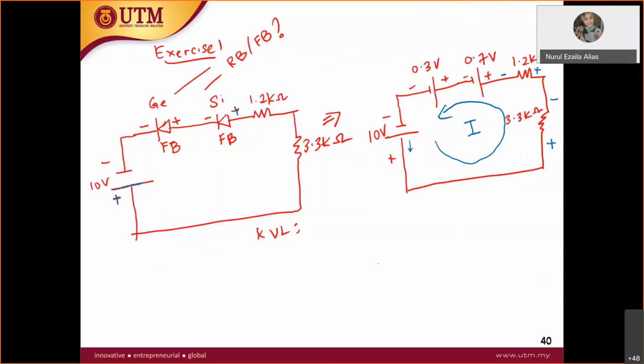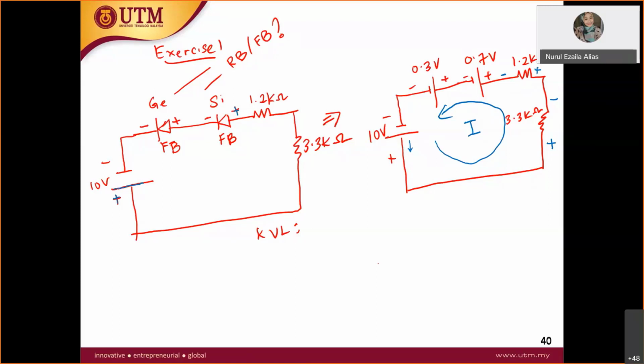So let's do the KVL. Let's start from this one first. Let's write the KVL. Your KVL will be equal to what? Let's start with the first terminal of minus 10.